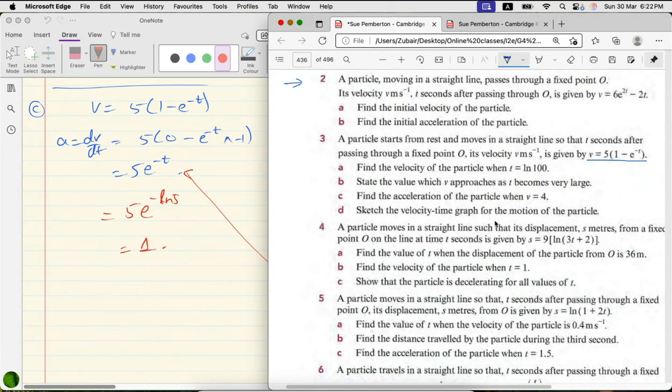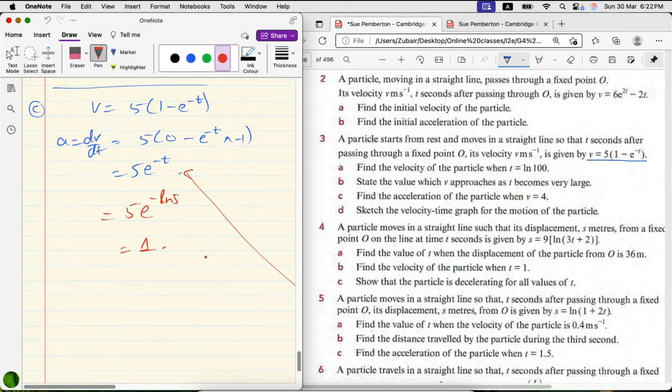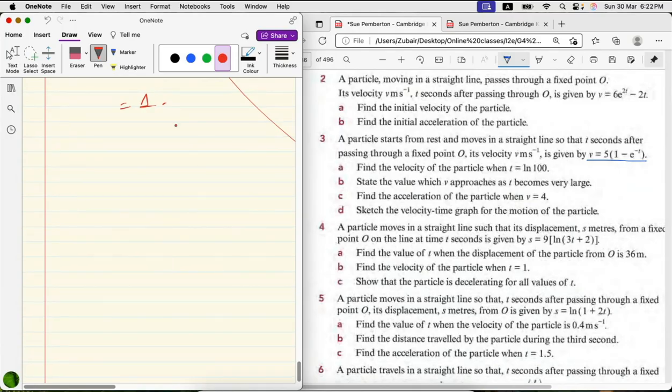D part. Sketch the velocity time graph for the motion of the particle. So basically, velocity time graph. Equation of velocity is 5(1 minus e raised to power minus t). So this is 5 minus 5 over e raised to power t.